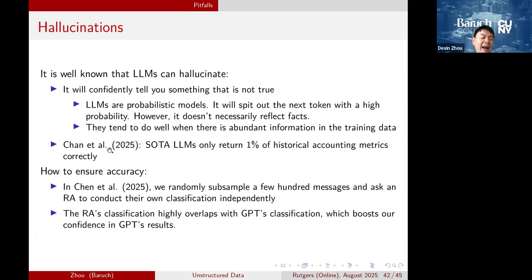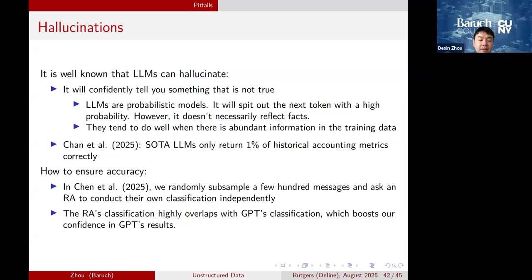I don't know if I asked him for a draft. They haven't put it in the public domain for a very long time. I think this is actually a very important statistic, so I shared it just to show that large language models are not perfect. It's not even remotely correct when you ask it to recall these financial statement data, right?